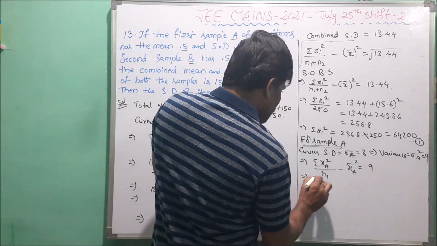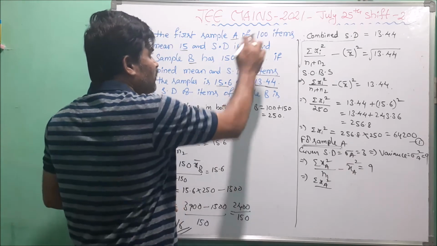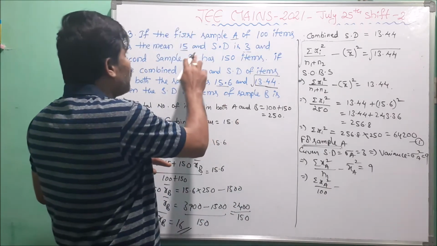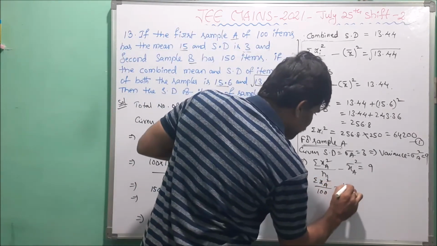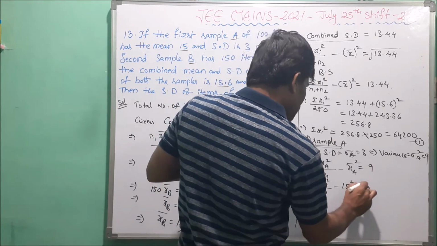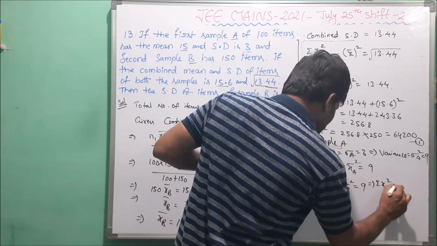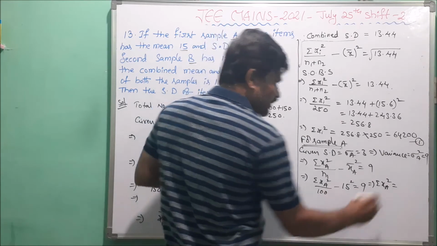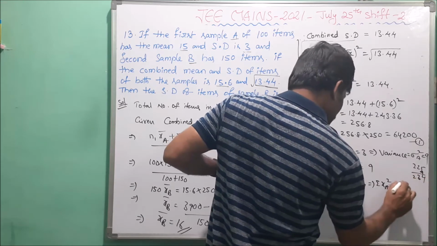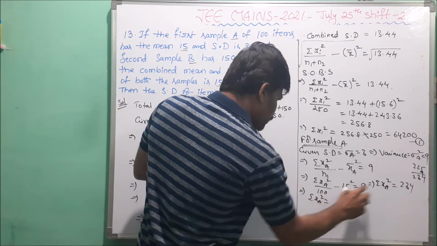From this, summation xa square by n1 equals 225 plus 9, that is 234. From this, summation xa square equals 234 into 100.